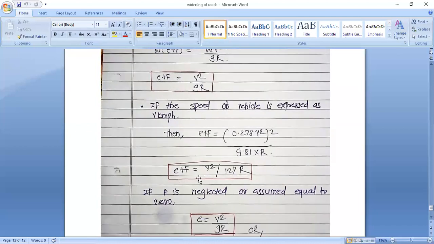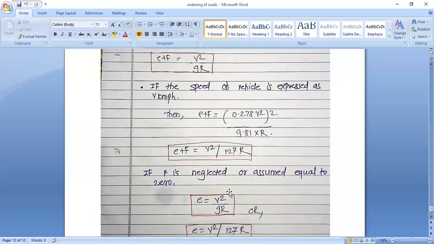Then the equation becomes E plus F is equal to V square divided by 127 R, since 0.278 square divided by 9.81 becomes 1/127. Then the equation of superelevation becomes E plus F is equal to V square divided by 127 R.